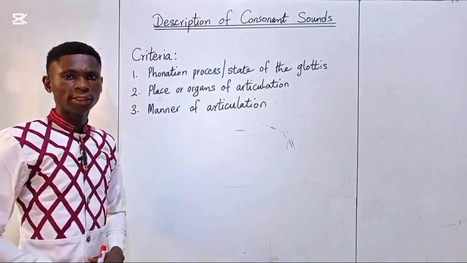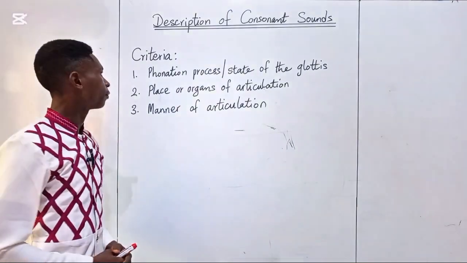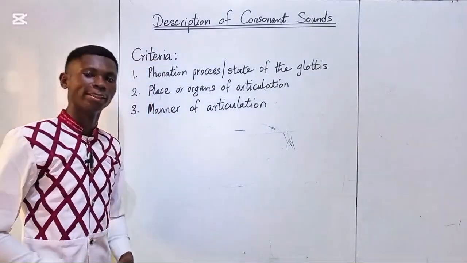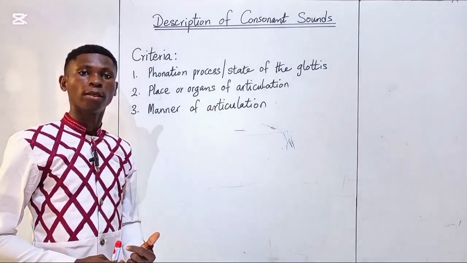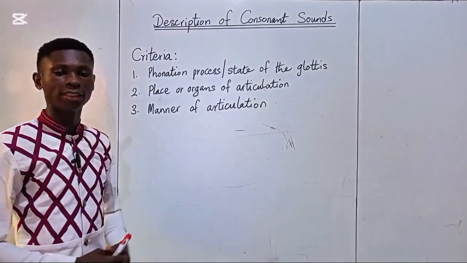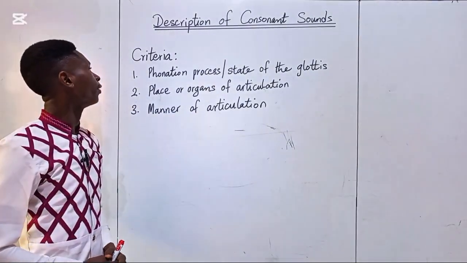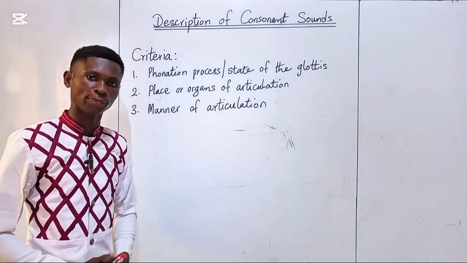I was very intentional when I treated organs of speech first before description of consonant sounds, because I know that with reference to the organs of speech you have a vivid understanding of the place or organs of articulation.